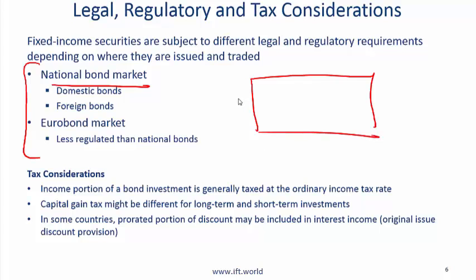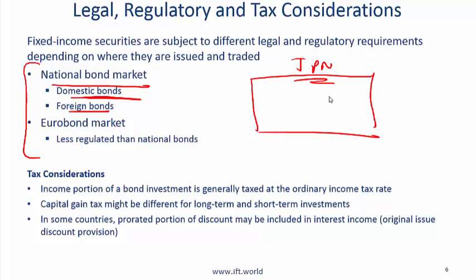So in the Japanese national bond market, there will be domestic bonds. These are bonds issued in the Japanese bond market by Japanese companies. And then in the Japanese bond market, you might also have, let's say, American companies such as General Motors issue bonds.